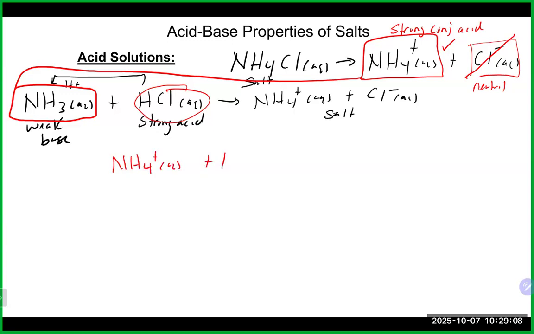So out of those two parts, basically it's going to be our NH4 plus that's going to react with water. And once again, if you're not sure how it's going to react, we want to think about where it came from. It came from a weak base, so it's going to be our conjugate acid. And that means that when it reacts with water, it will react with water as an acid. Again, the Bronsted-Lowry definition of an acid is something that will donate an H plus.